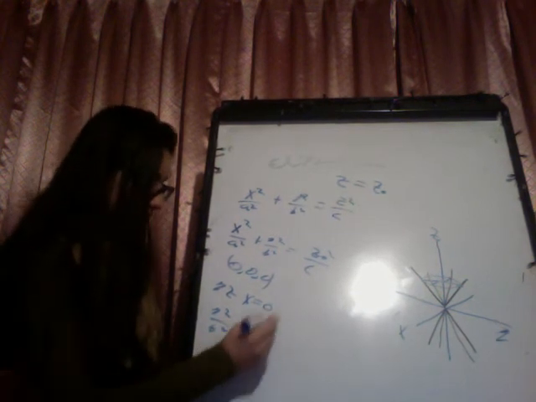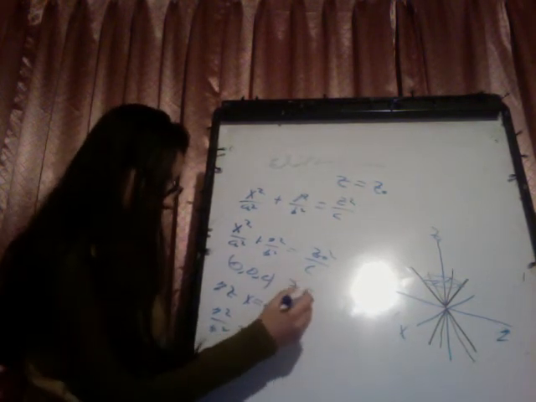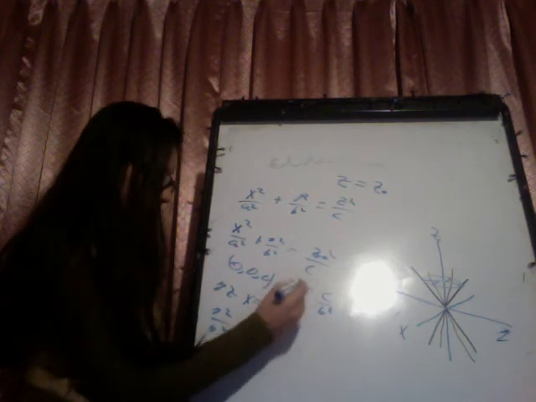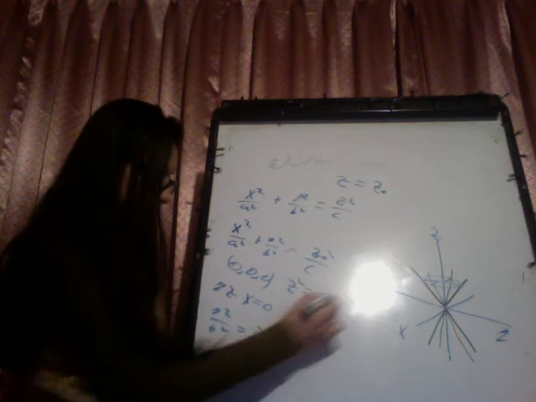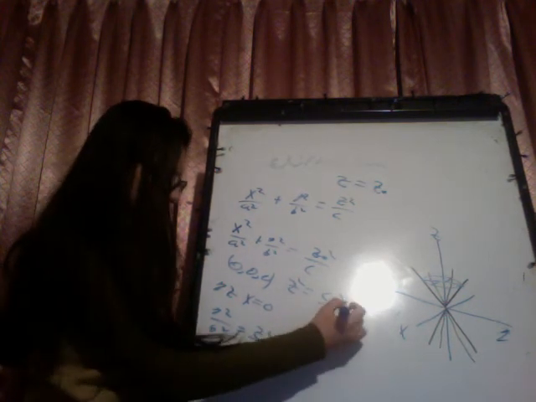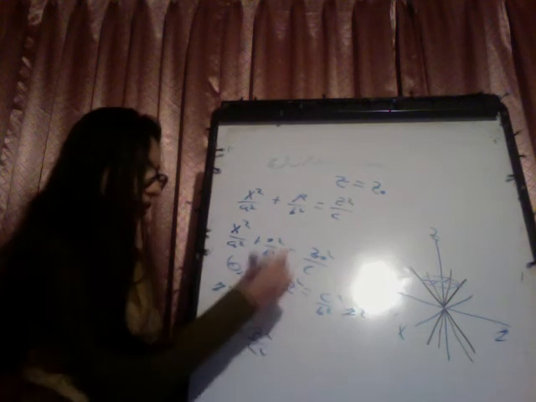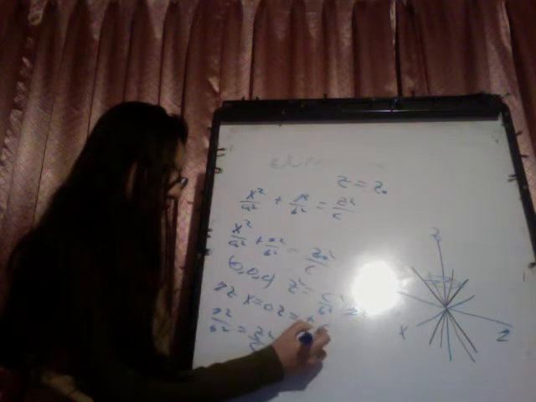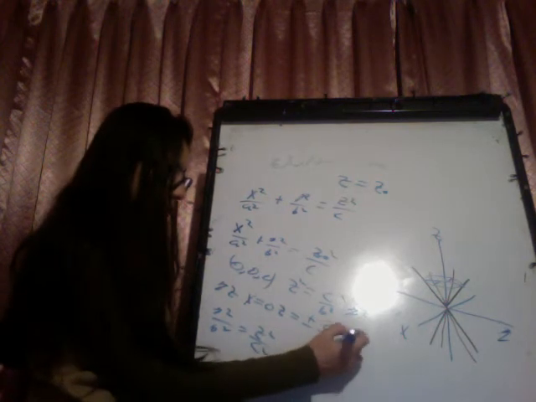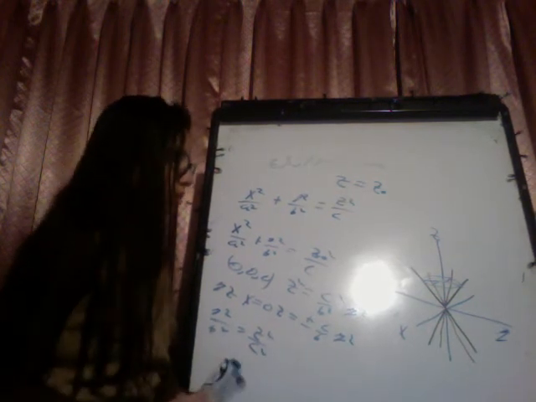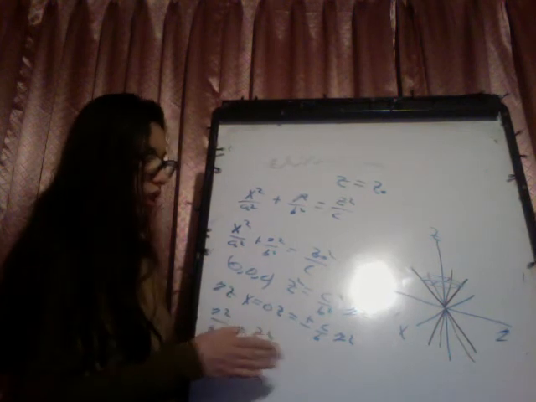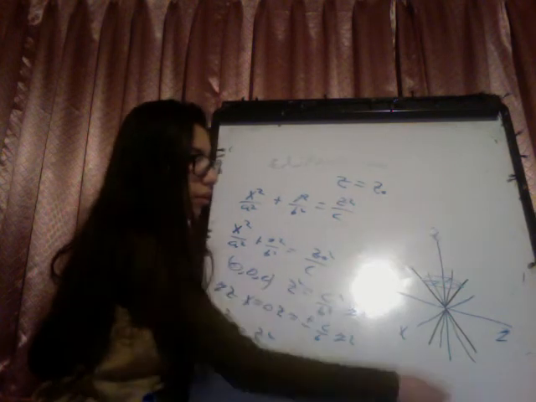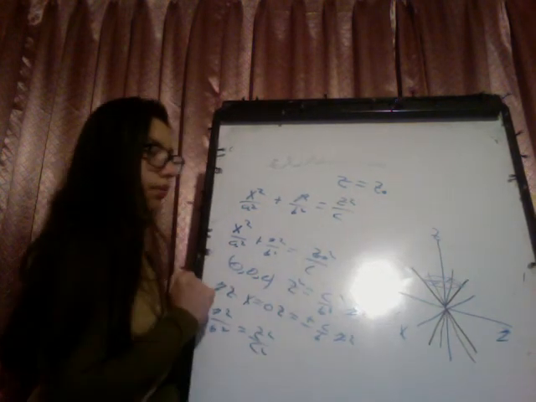Let's solve for z. So z squared equals c squared divided by b squared times y squared. You take the root and you have z equals plus or minus c divided by b times y. So when you do cross sections in the yz plane, you only have these lines. No matter where you do the cross section, you only have these lines.